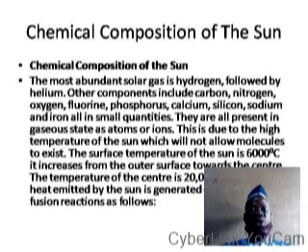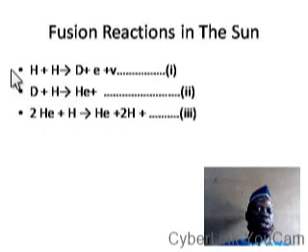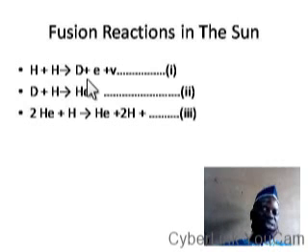The fusion between hydrogen atoms to form deuterium with the emission of neutrino: hydrogen atom with mass number of 1, proton number of 1, combines with another to form deuterium, emitting an electron, that is a beta particle, in the process, together with neutrino.